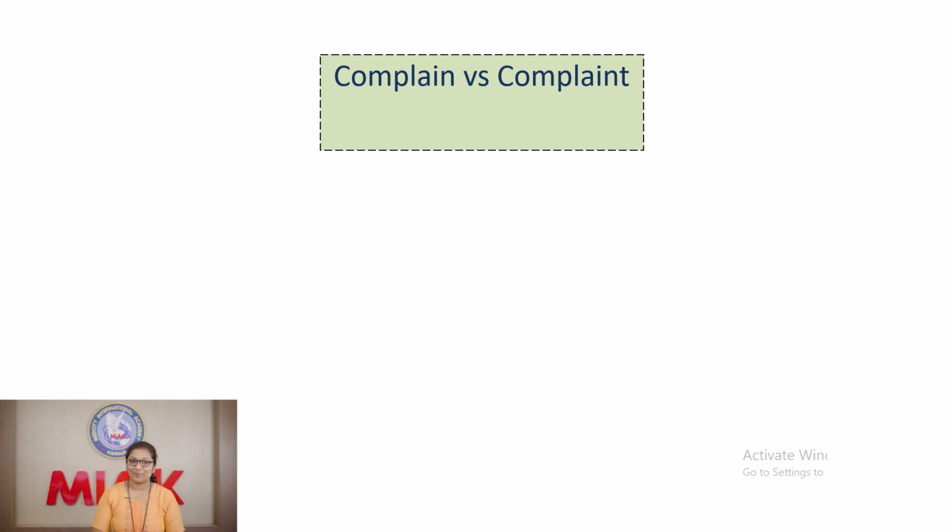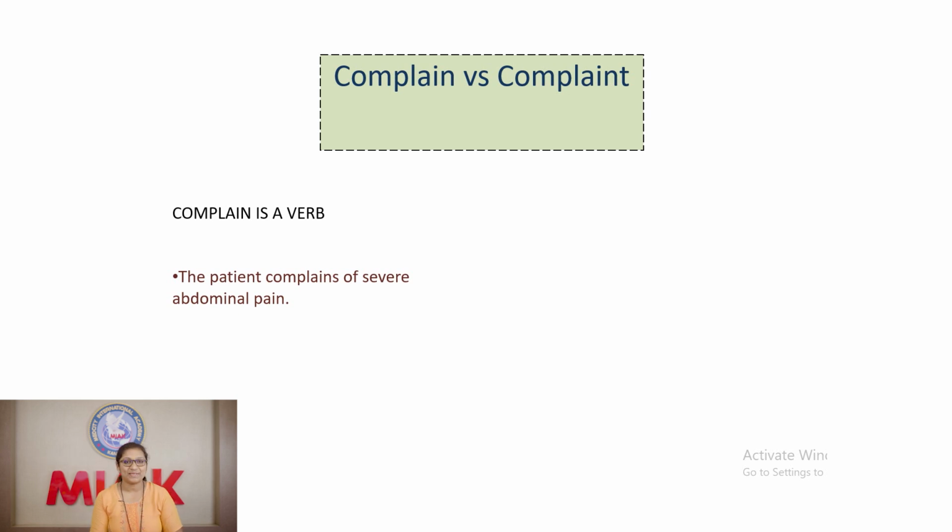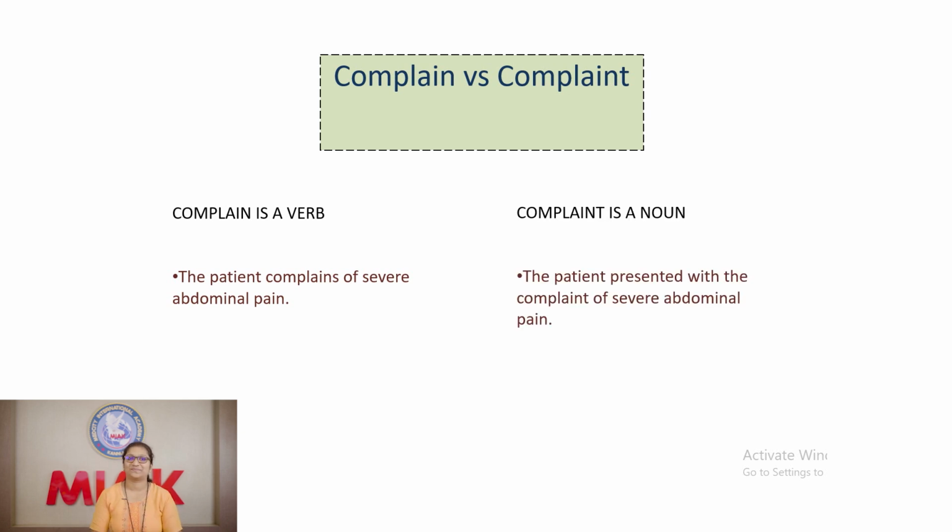എന്താണെന്ന് നമുക്ക് നോക്കാം. Complain without a T is a verb. If you take an example, the patient complains of severe abdominal pain. In that case, what is complained with a T?